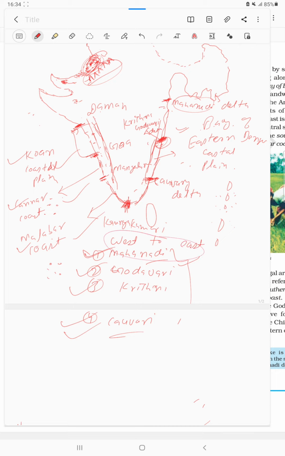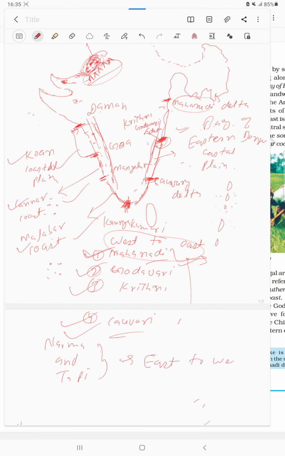In southern India, most of the rivers flow from west to east. Some rivers I already explained in the previous video, that is Narmada and Tapi. These two rivers flow from east to west.